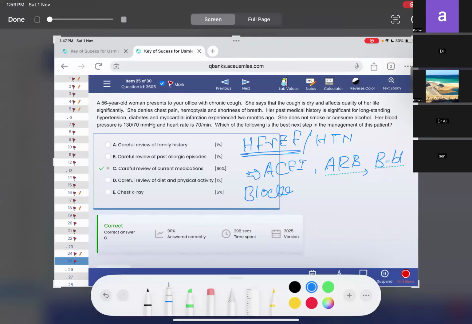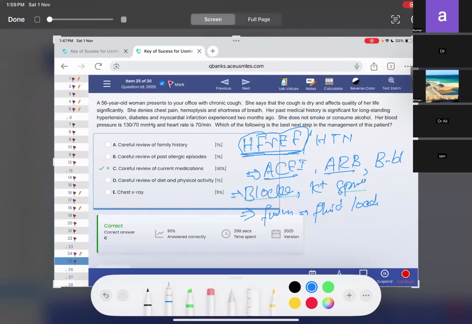I have already told you in the previous MCQs that for hypertension in reduced ejection fraction we give beta blocker, ACE inhibitor, ARBs or potassium sparing diuretics, and only one medication like furosemide, only if there is fluid overload.